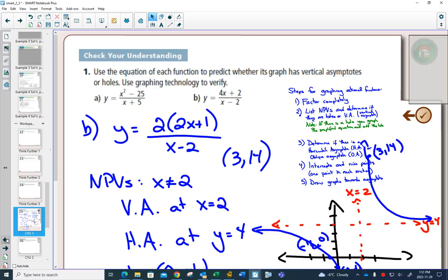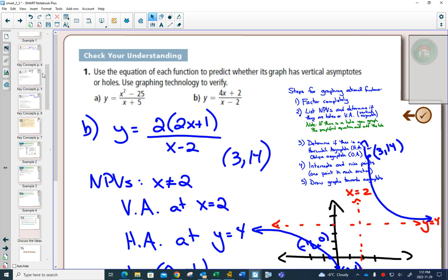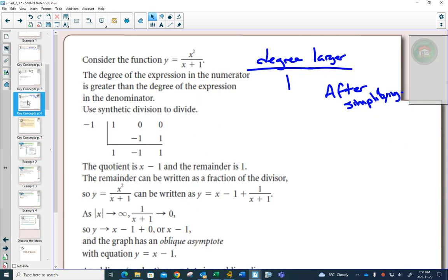That is technically a situation where an oblique asymptote is possible. But it simplified, and it went away. We erased the work, but remember that. So that's why in the notes it says, if the degree is bigger on the top after simplifying, then you have an oblique asymptote.